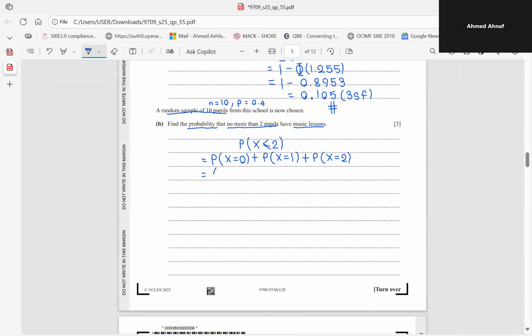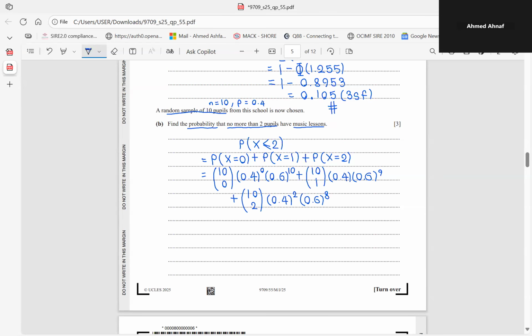So this is going to be 10 choose 0 times 0.4 to the power of 0 times 0.6 to the power of 10, plus 10 choose 1 times 0.4 to the power of 1 times 0.6 to the power of 9, and plus 10 choose 2 times 0.4 to the power of 2 times 0.6 to the power of 8.